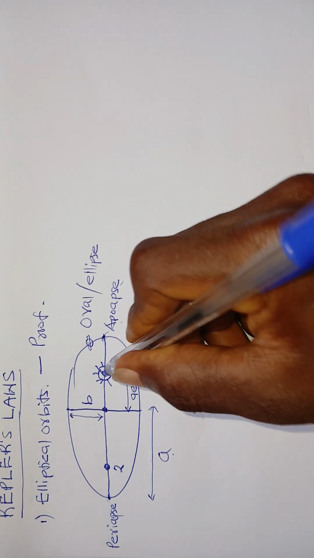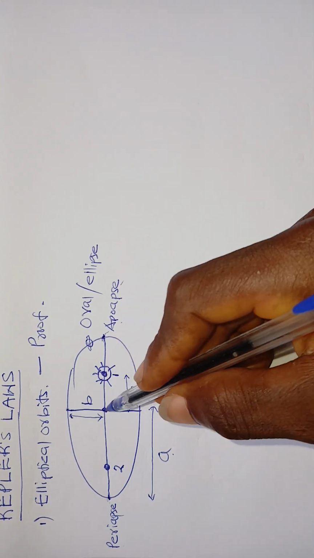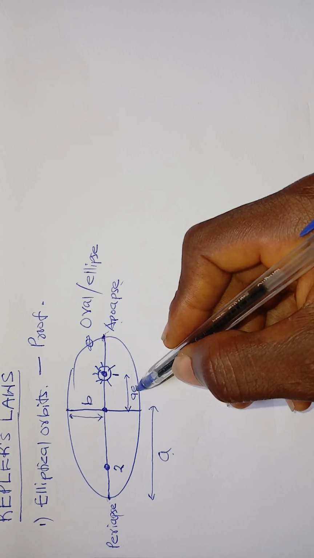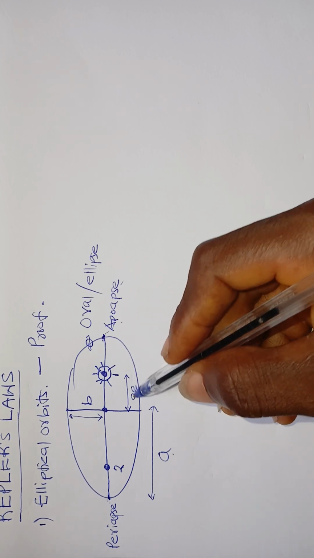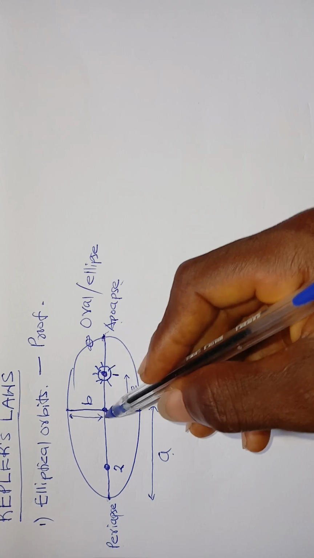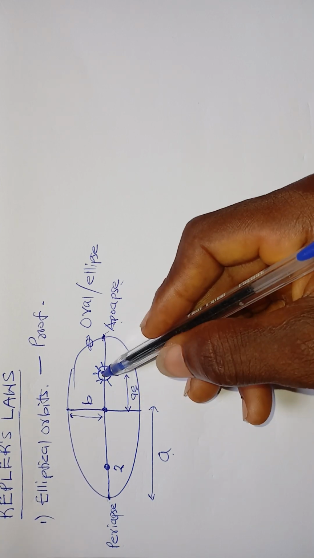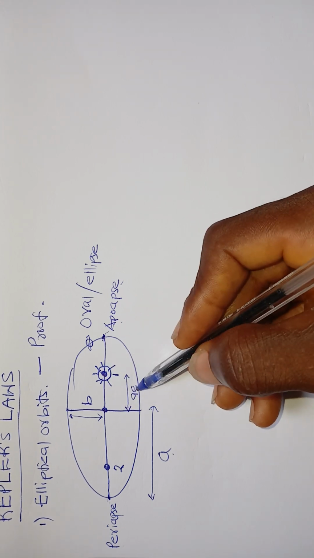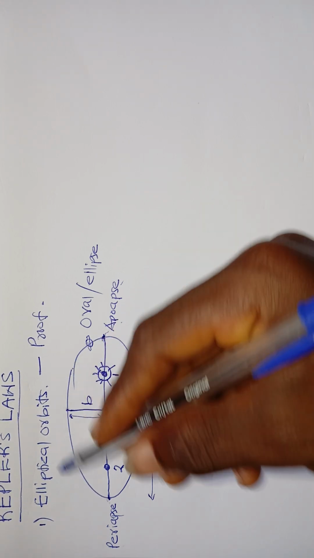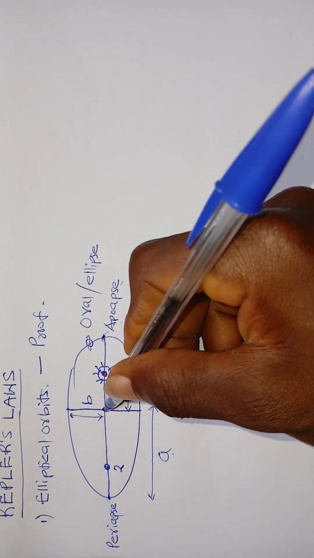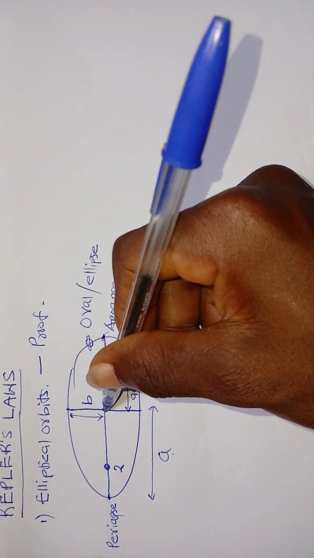Well, one focus is displaced from the center of the ellipse by a factor of e. So if you multiply a by e, a factor for which the sun is displaced from the center of the ellipse, you get this distance. If e is equal to 0, this conic section will be a circle. That means the sun will be at the center, and that will be a circle.